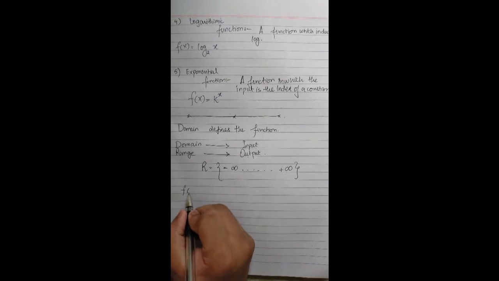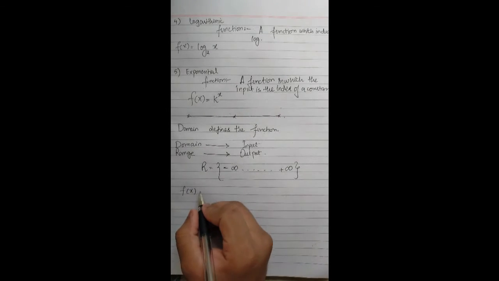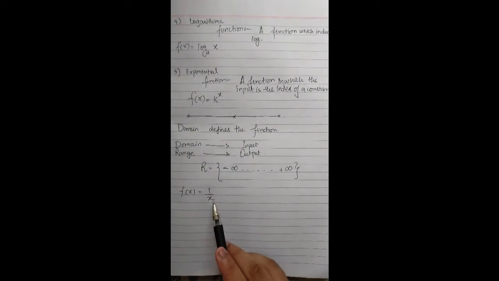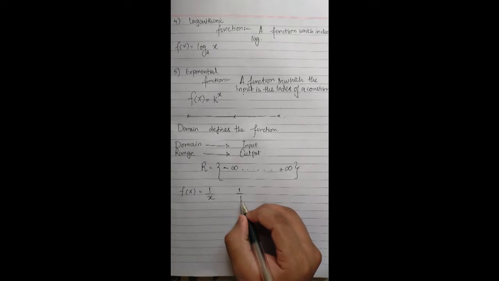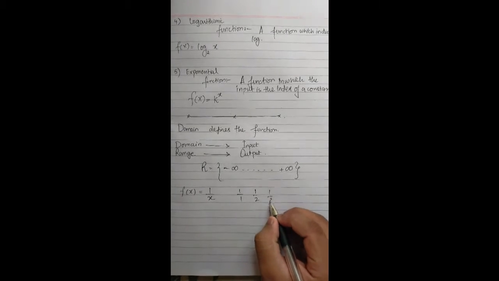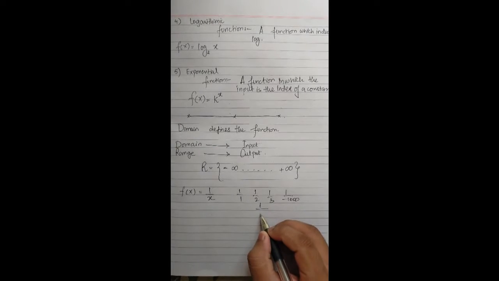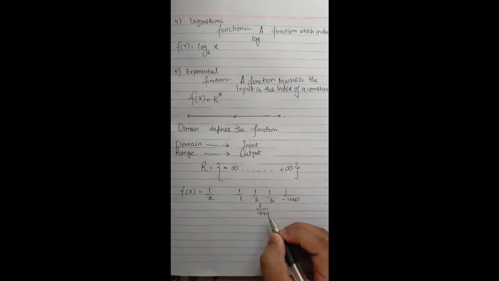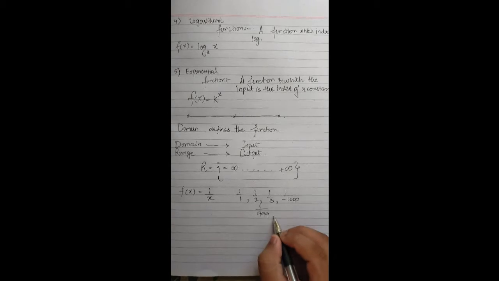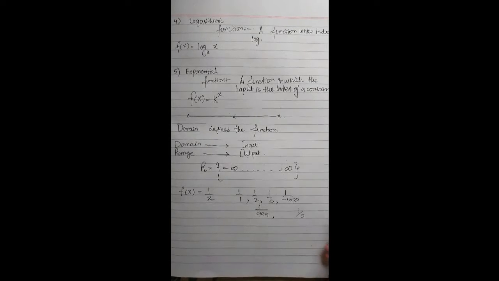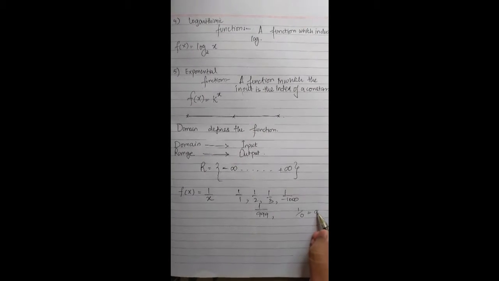For example, I have a function f of x equals 1 over x. For this function, I can input any number and get an output that is a part of this set. But if I input 0 in this function, I will get infinity.